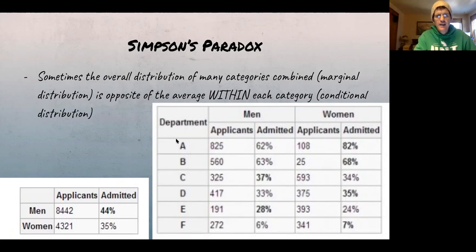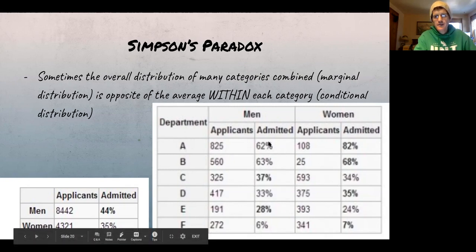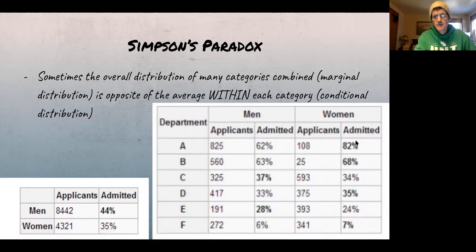Within College A, I don't know what these colleges represent, but within College A, 62% of men were admitted, but 82% of women were. So here, women were admitted at a higher rate. In College B, 63% of men versus 68% of women. We can see they bold the ones that come out ahead.